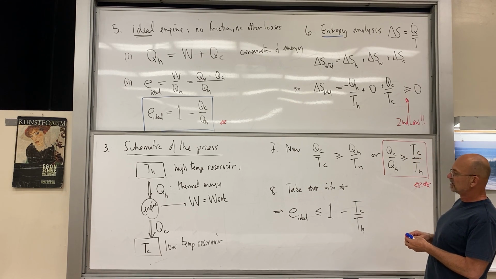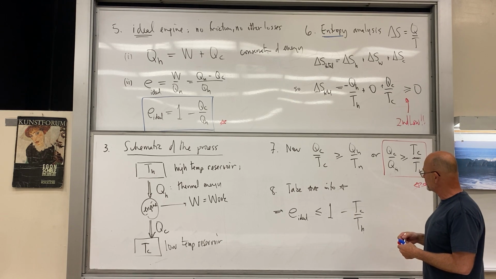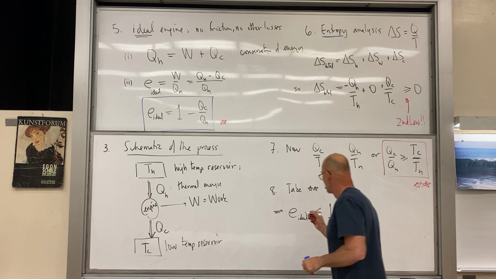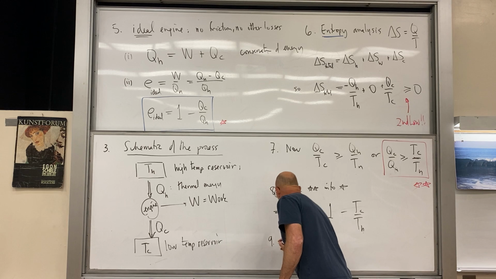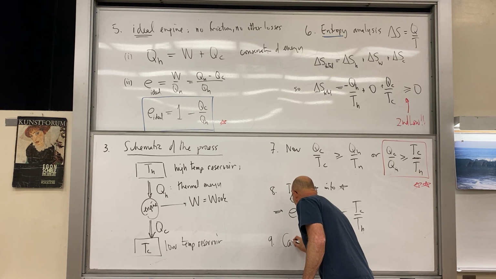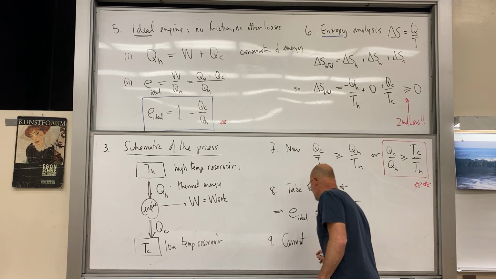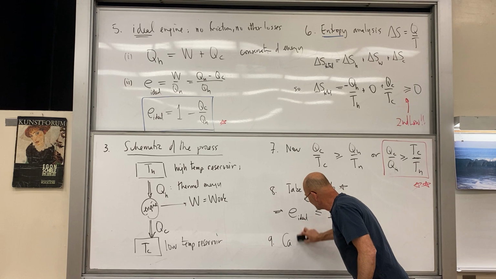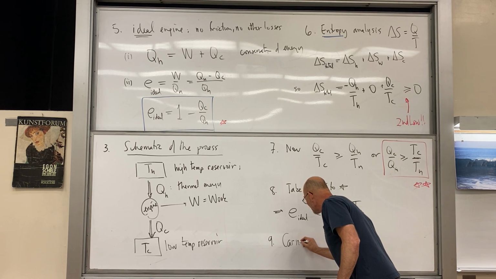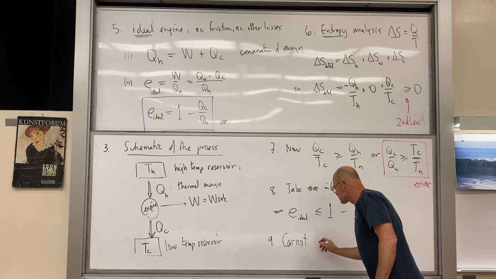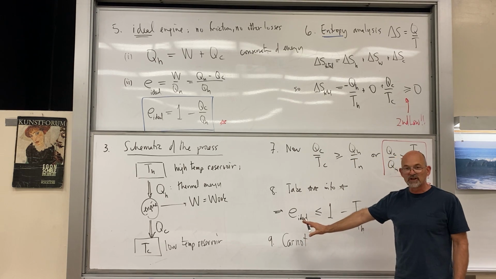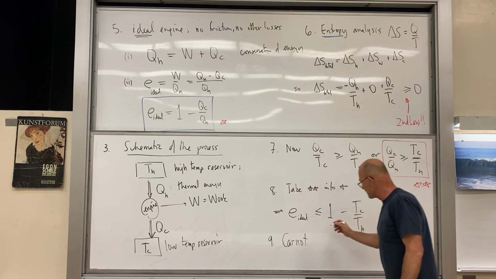So I will define now, 9, what's called the Carnot efficiency. It's spelled C-A-R-N-O-T. Carnot efficiency, that's the French engineer who figured this out for the first time.